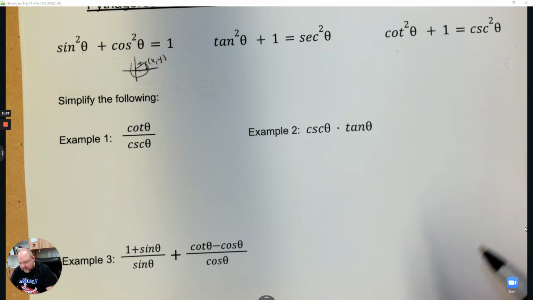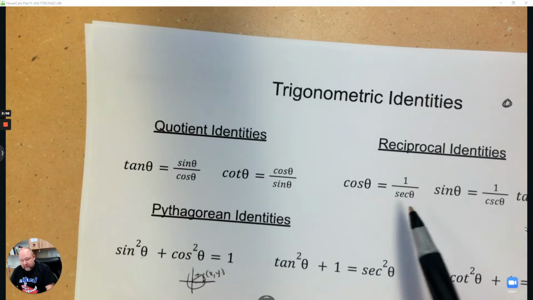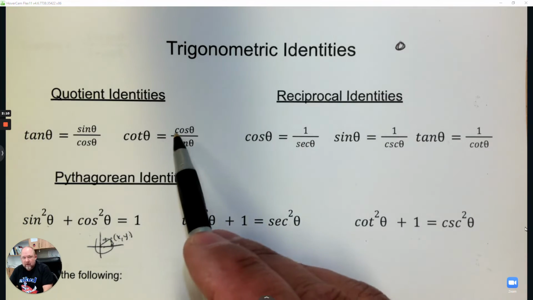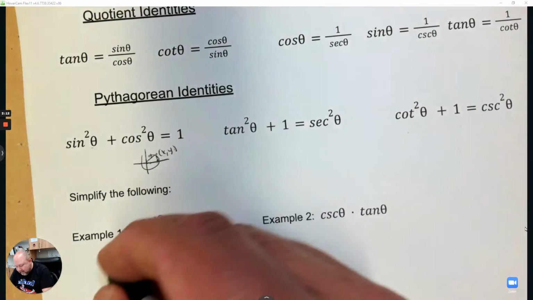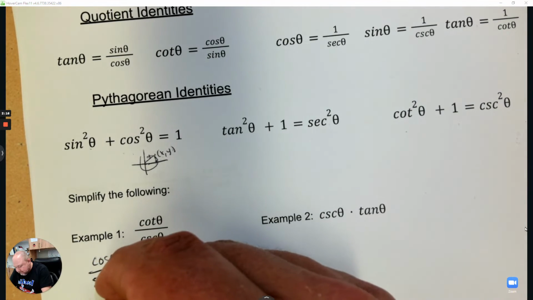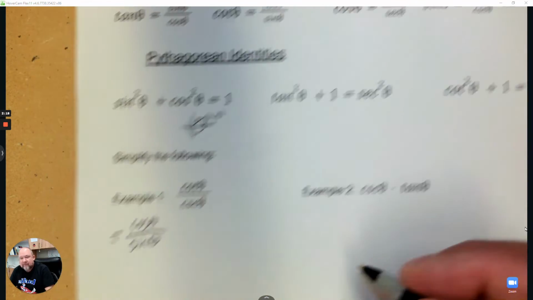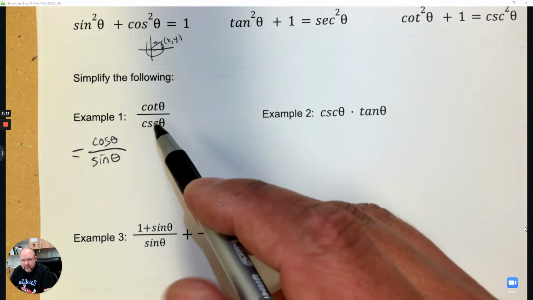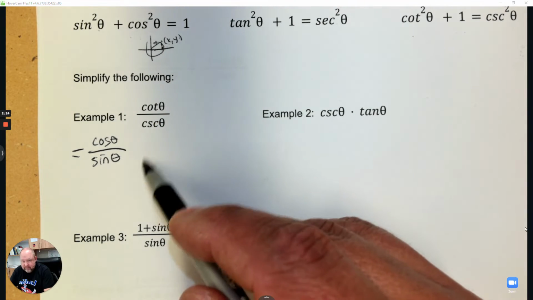So cotangent, I have two options here: 1 over tangent, or cosine over sine. I'm going to change it to cosine over sine, because my first direction is to change everything to sine and cosine and simplify it from there.